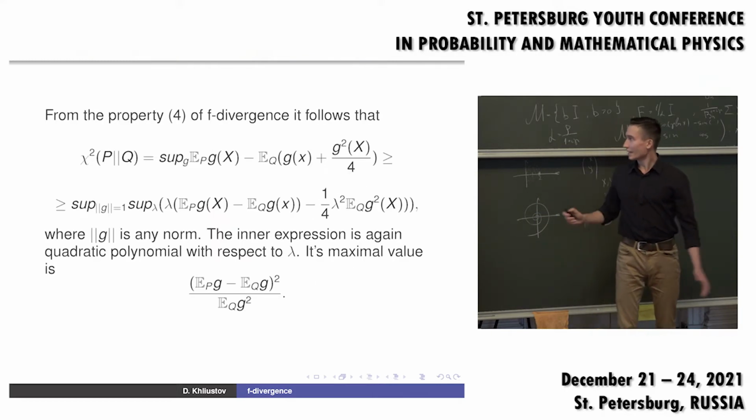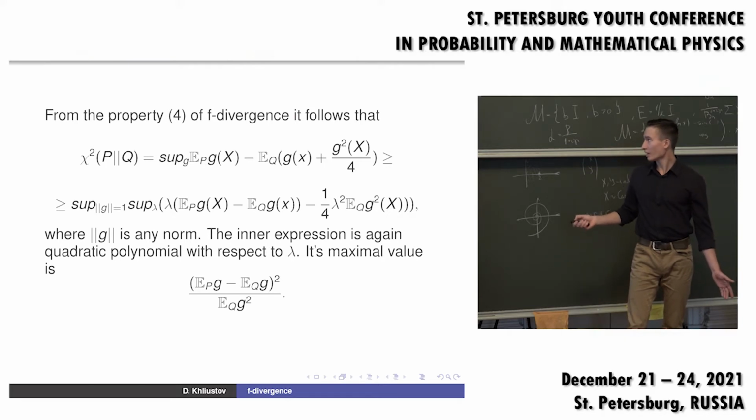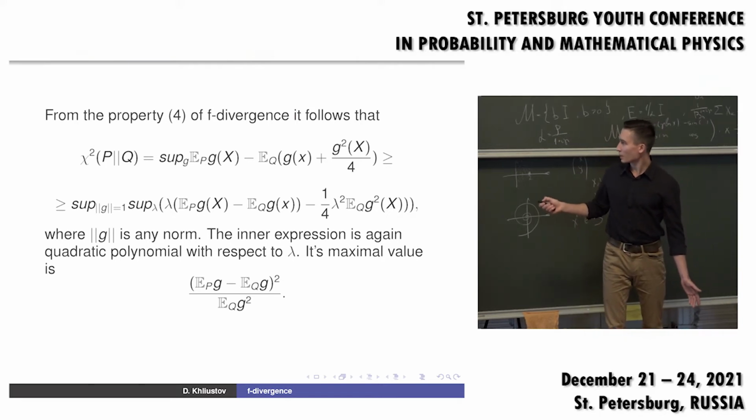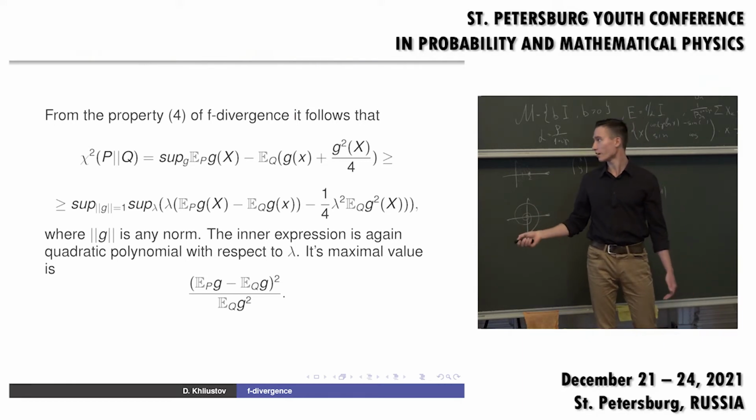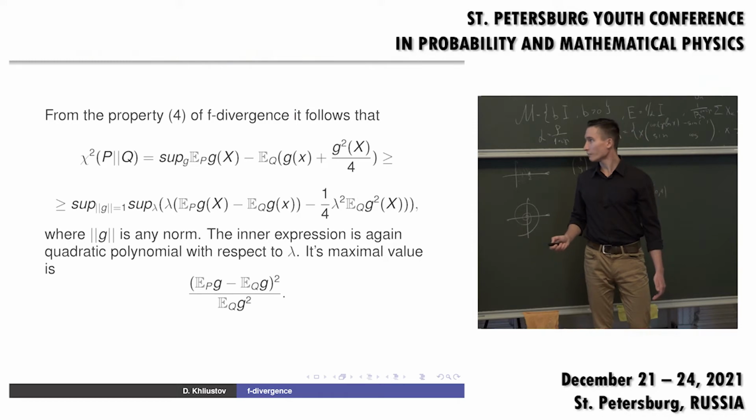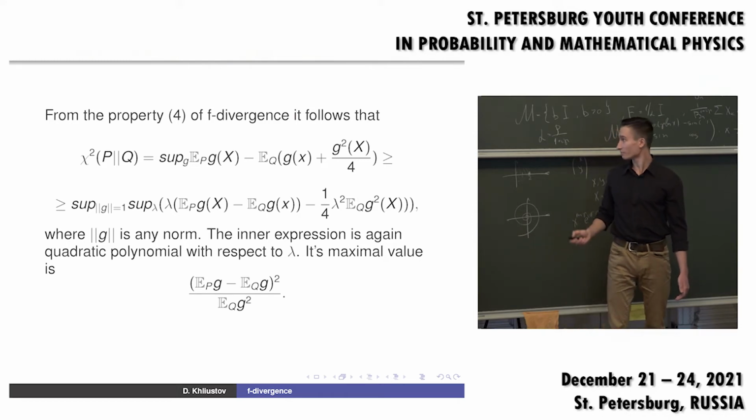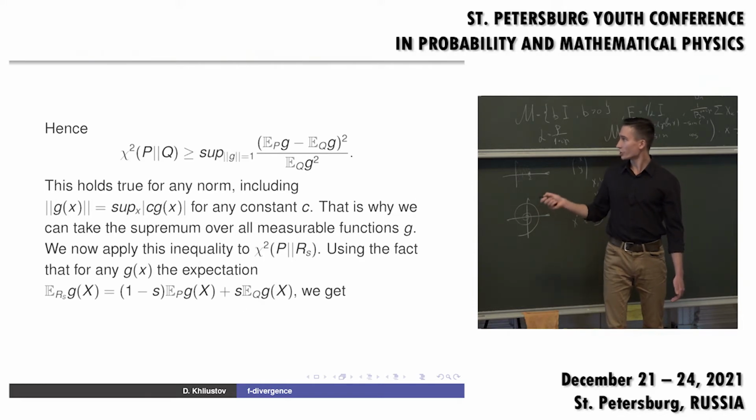Now apply again the variational representation and decompose the supremum into two consecutive supremums with this norm equals any norm on a functional space. This is again a quadratic polynomial with respect to lambda, and we can maximize this value. After maximizing, we will obtain the following in the inner supremum. And so the chi-squared is lower bounded by this formula.